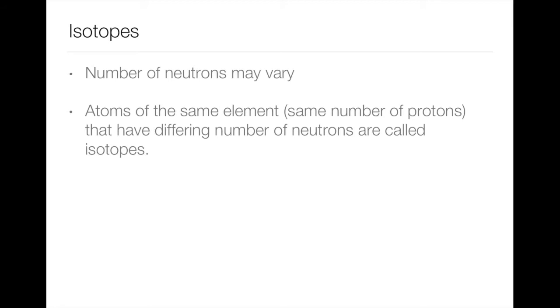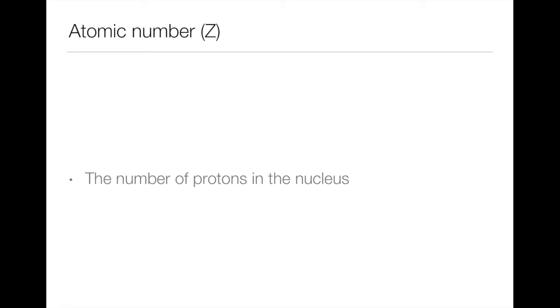So the atoms of the same element, that means they have the same number of protons, that have differing numbers of neutrons, are called isotopes. The atomic number is the number of protons in the nucleus. Since the atom is electrically neutral, the number of protons equals the number of electrons, and therefore the atomic number is not only the number of protons but also the number of electrons in an electrically neutral atom.